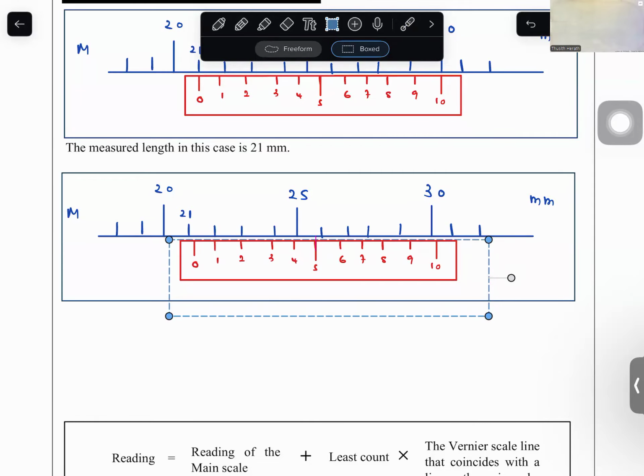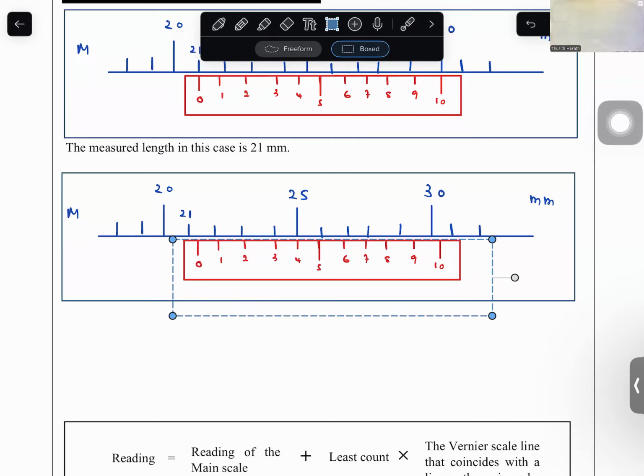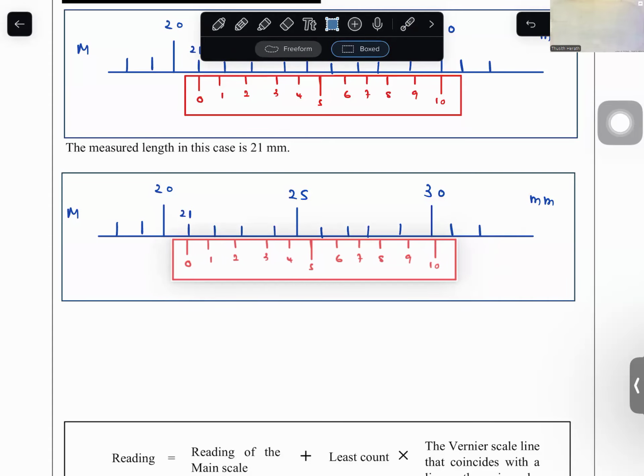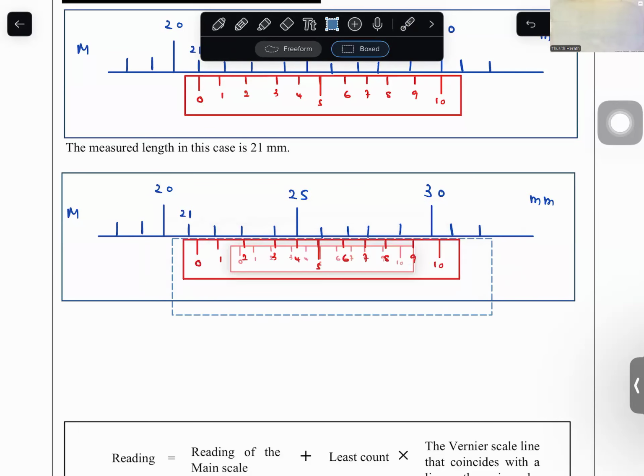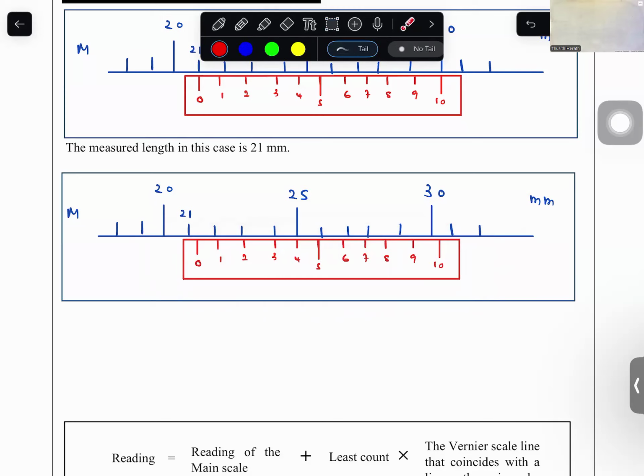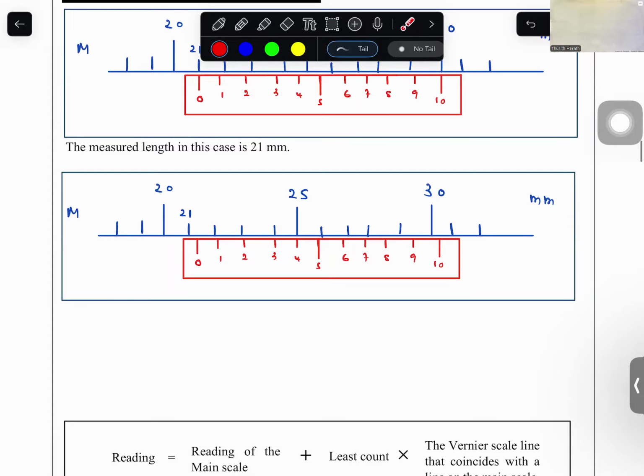If I move 0.3, the third line of the Vernier scale should coincide with a main scale line. So it should be like this. From here onwards, this is 21 millimeters, 0.1, 0.2, 0.3. Now you can see clearly the third line is coinciding with the main scale division. That means 0.3 millimeters have moved.